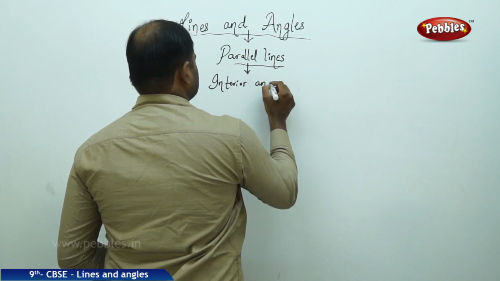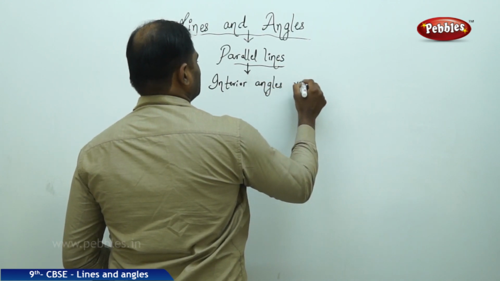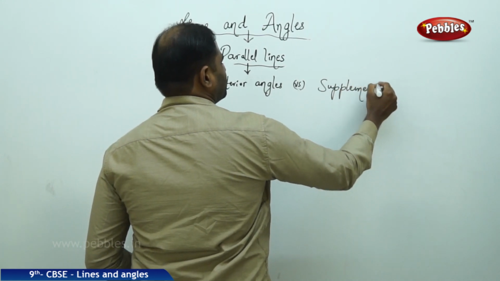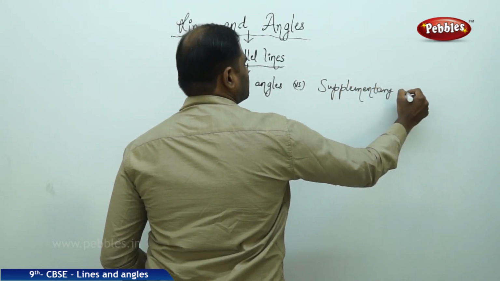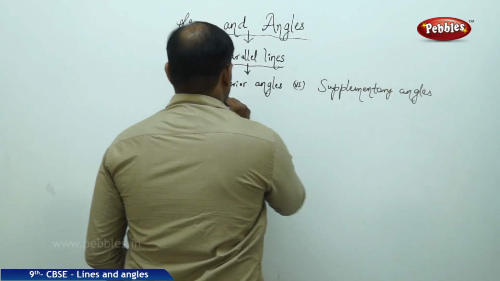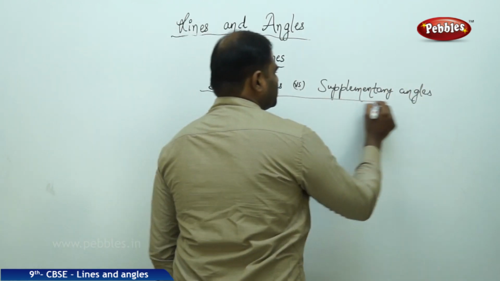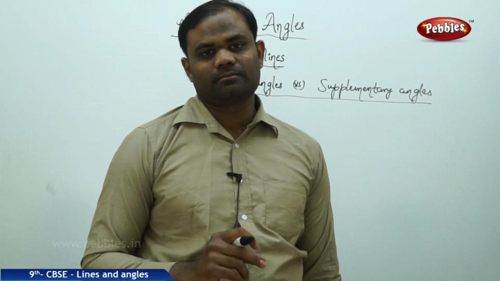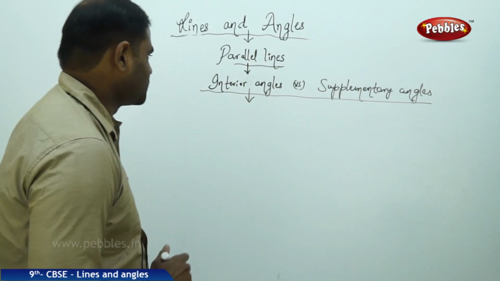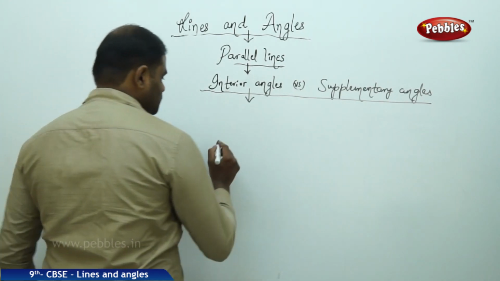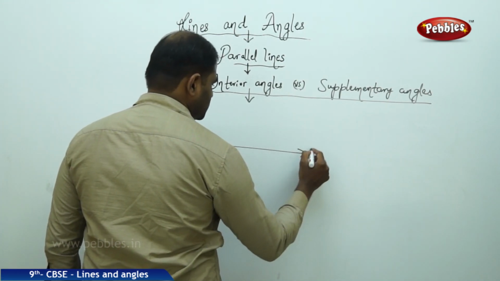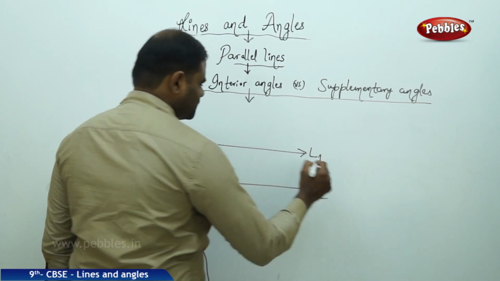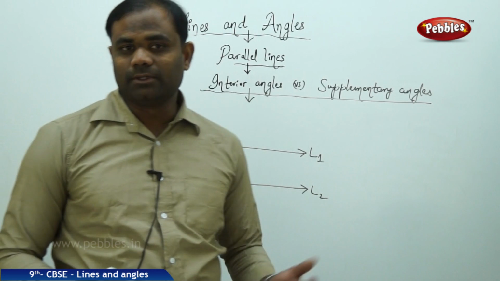Interior angles versus supplementary angles. Let's see how the interior angles are connected with the supplementary property. So let's take two parallel lines L1 and L2. Here is line L1 and here is line L2, which are parallel to each other.